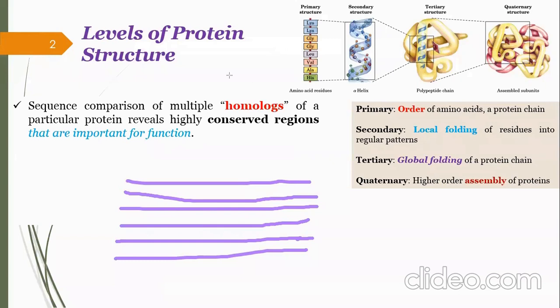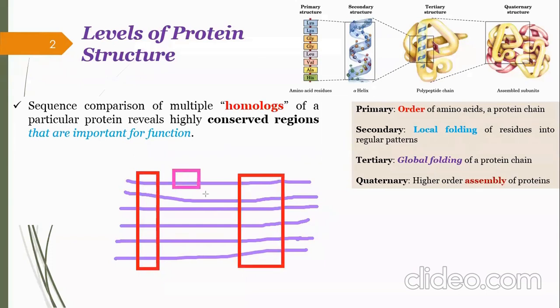There will be some differences here, and there will be some conserved regions. This region is conserved. The conservation of this region means this region is important for a certain specific function.